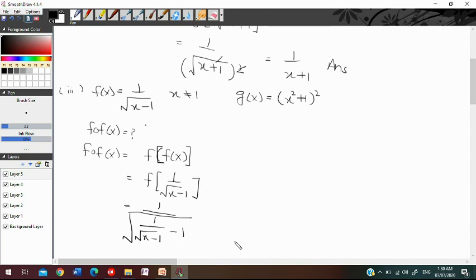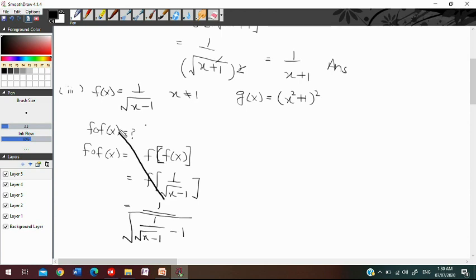What have we done here? Simply, under root x minus 1 is the value of this f of x. f of x is equal to 1 by under root x minus 1 is the question, and we have done the same operation with this type of function, 1 divided by under root x minus 1.